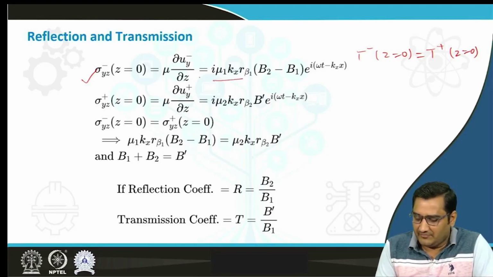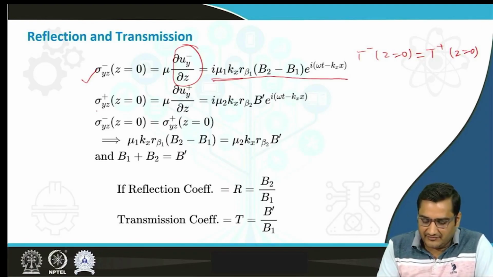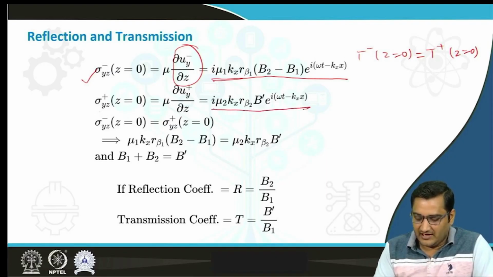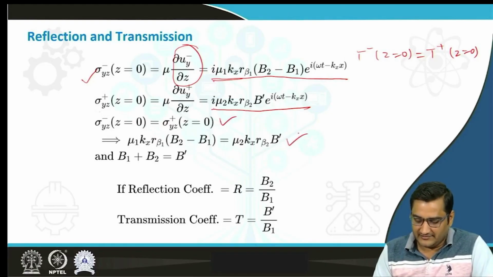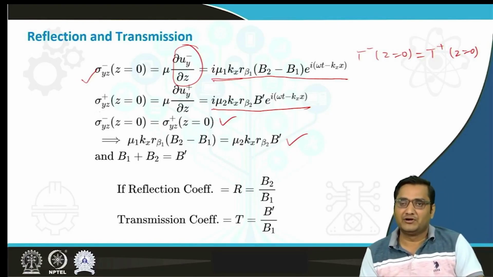And when you take the value of this from the harmonic wave equation that we just saw in the previous slides, it will become something like this. Similarly, sigma yz plus is basically this thing, and when you equate them together here at z is equal to 0, it will become something like this. So this will give another equation for b1, b2 and b dash.